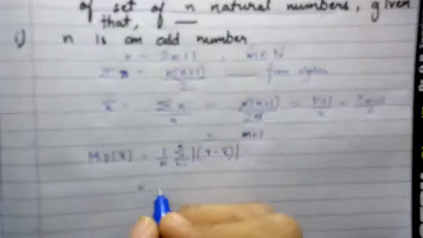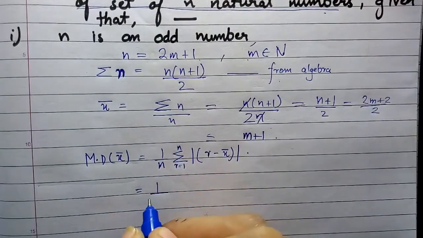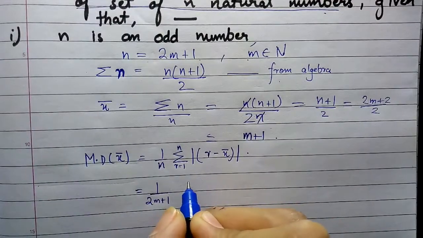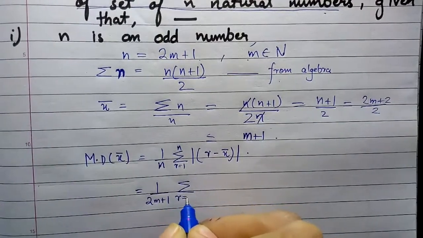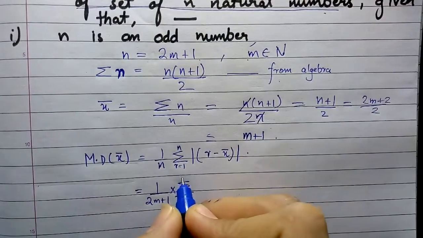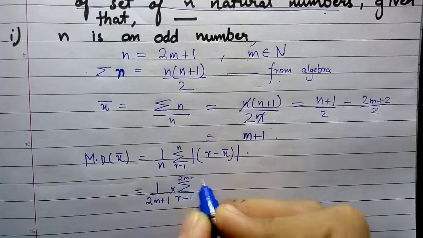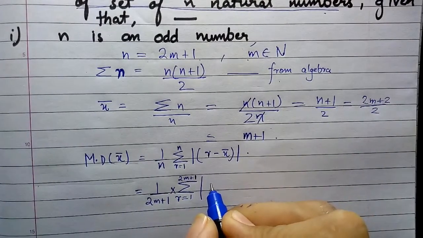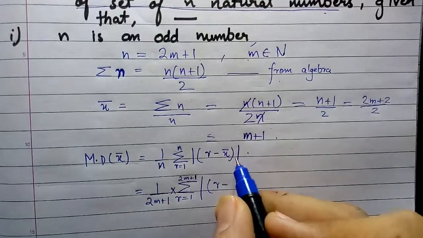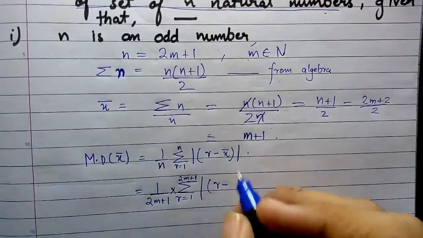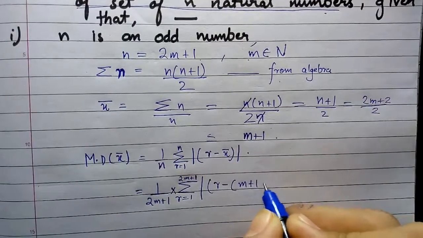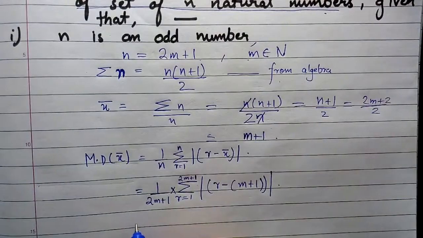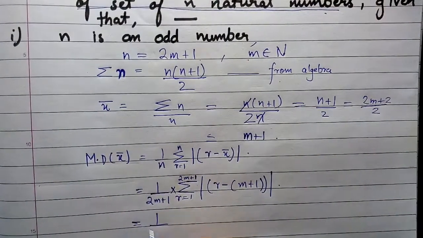Putting the value of n from the earlier assumptions, putting once again the value of n. Again x bar, x bar can be written as m plus 1. Putting the modulus. We move forward.